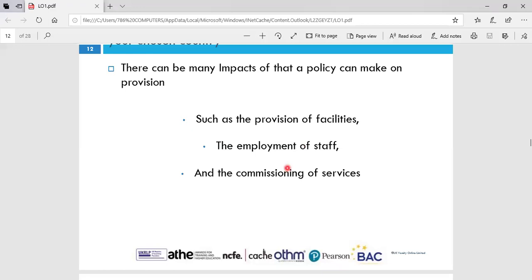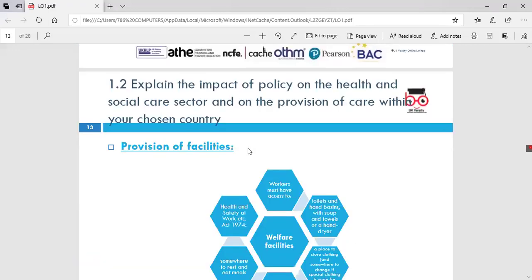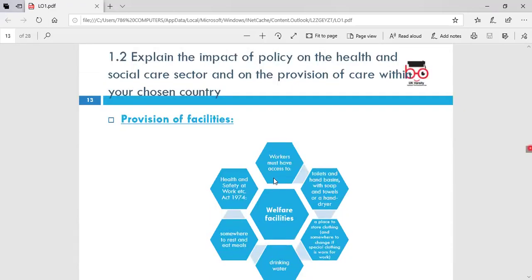Explain the impact again of policy on the health and social care sector. On the provision, again, we are talking about provision. What are the provision of facilities workers must have access to? If you're increasing workers, there should be welfare facilities where the workers must have access to toilets, hand basins, soaps, towels, or a hand dryer.